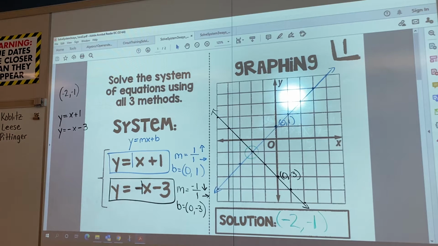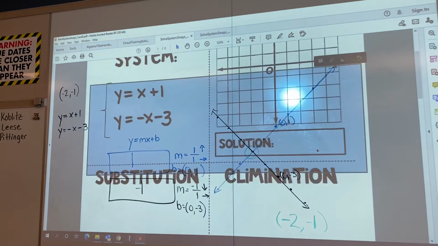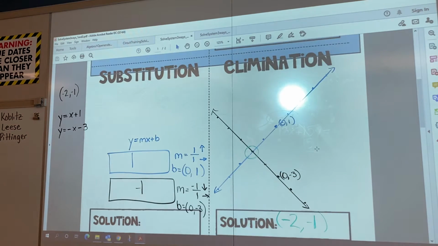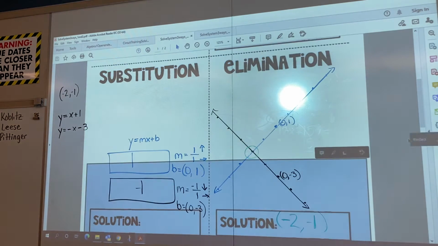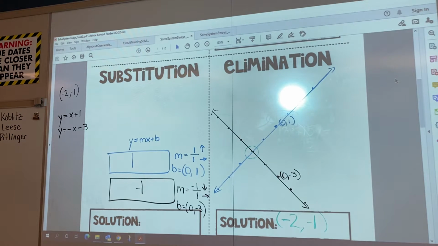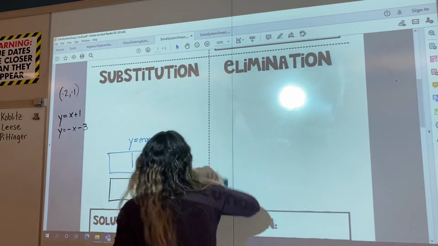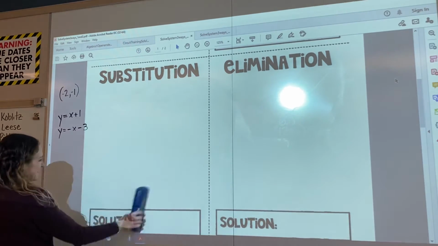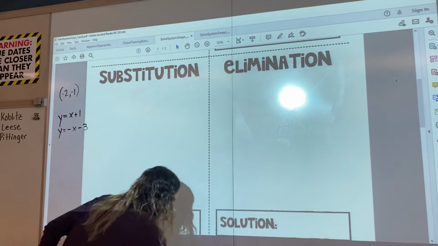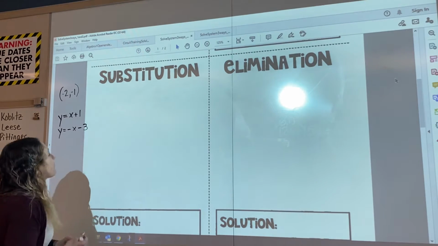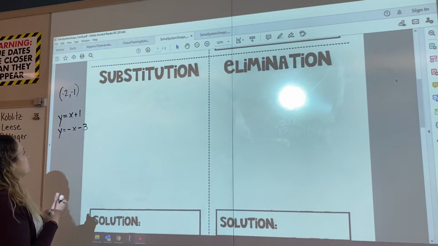Let's look at the other 2 methods. Alrighty, let me erase here. And you can see why I needed to rewrite my equations, because I'll need them here, but you already have them on that paper. So let's look at substitution.